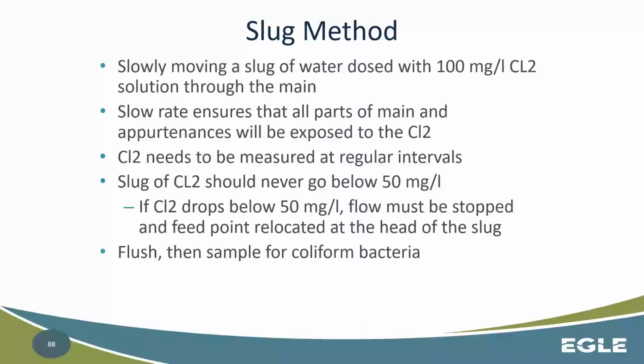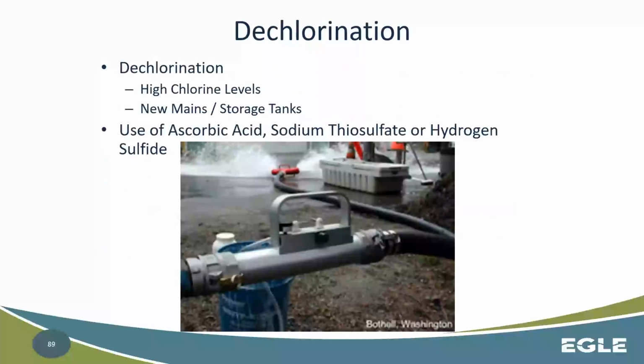You need to be measuring that chlorine down the line, and that should never drop below 50 milligrams per liter. If it does, you're going to have to go back to the start of the slug, chlorinate back up to 100 milligrams per liter, and then keep going down. Okay. And then again, per usual, flush and do coliform testing.